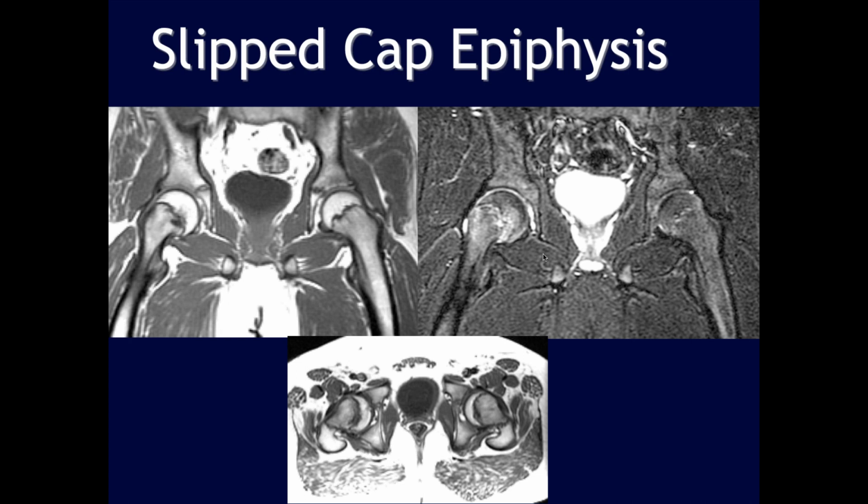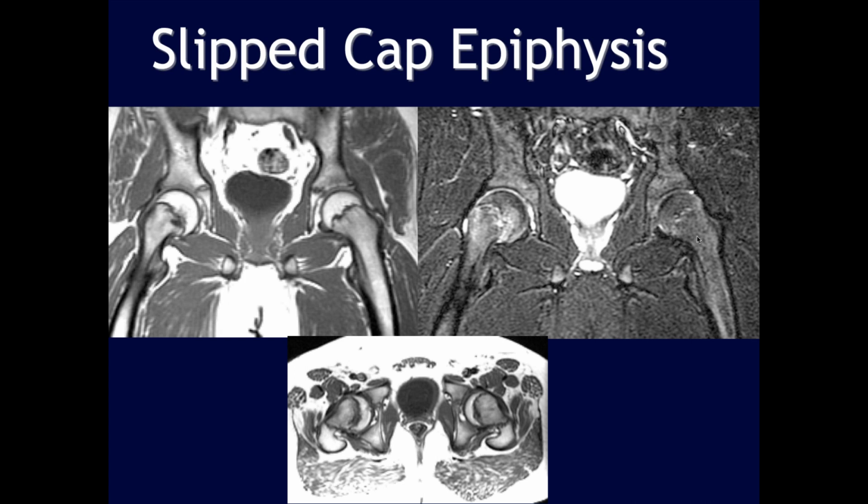You're better off putting them in place rather than trying to manipulate them. If you try to pull on them too much, you damage the vascularity, and you wind up with AVN. I'd rather have a little bump there to remove later. I think we'll be talking about that later on, and that's one of the problems: treatment.